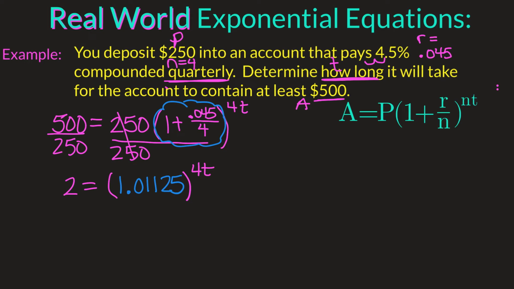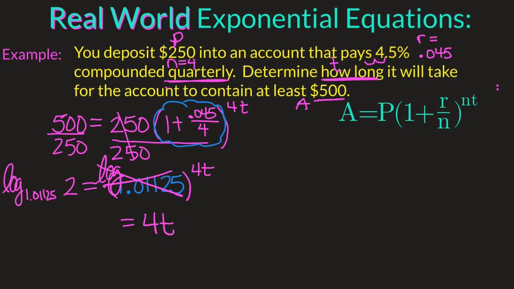Okay, when we're trying to solve for an exponent, we need to log both sides. So we're going to do the log of the left using that same base, 1.01125, and we're going to log base this side as well. Now I'm not going to write out all that base right there because we know that this is going to cancel, and that's going to give us 4t.